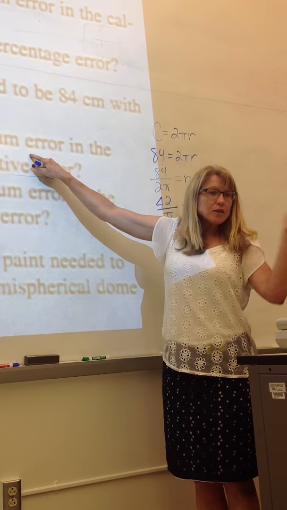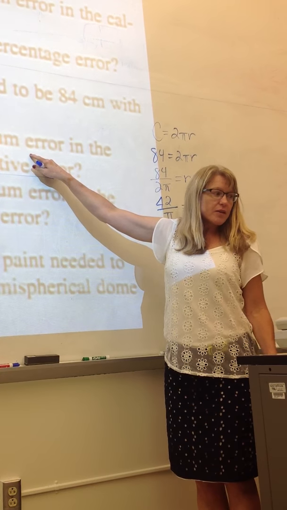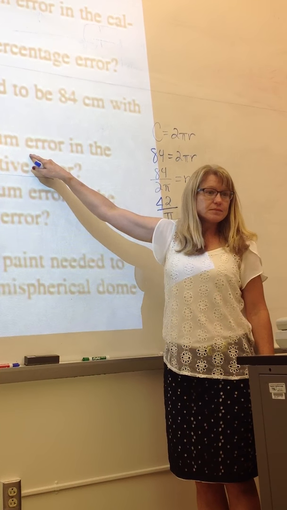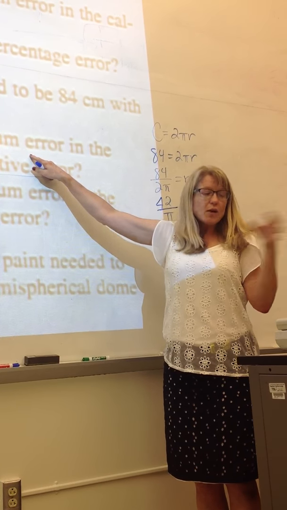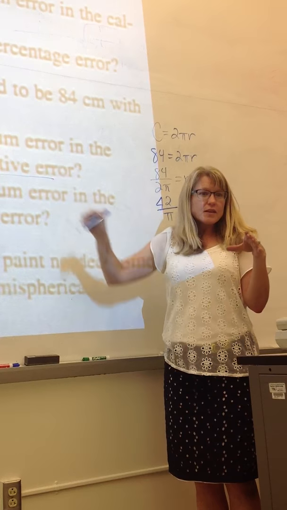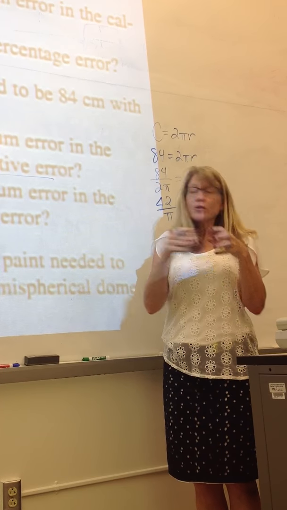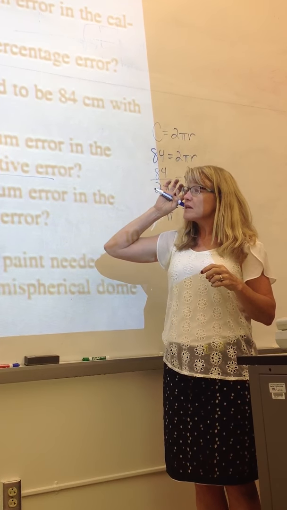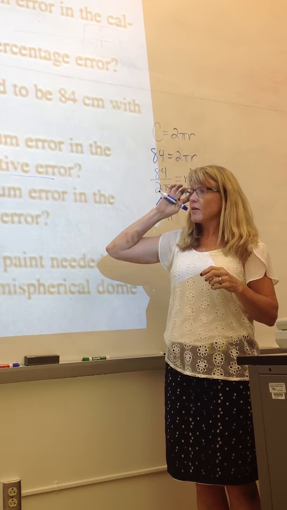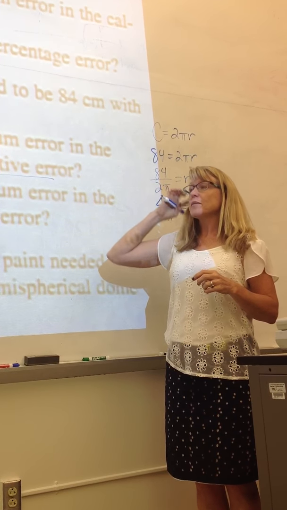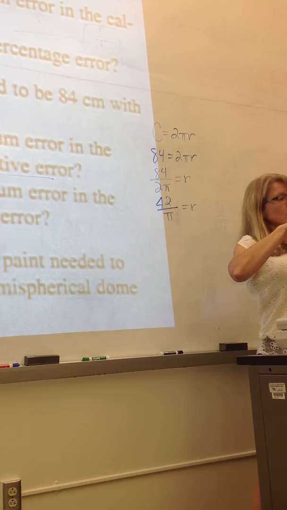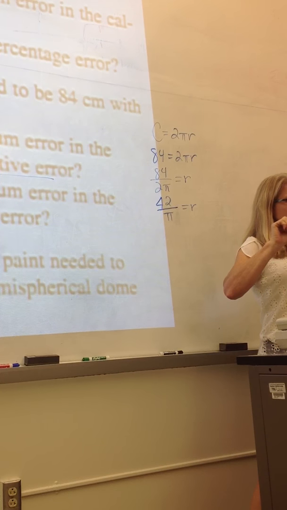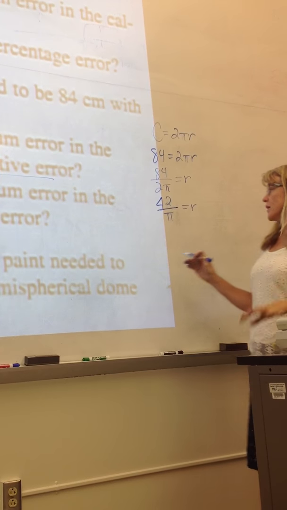So which side do we want to go on the 84? Above it, right? Because if the circumference was slightly smaller, then the surface area is going to be slightly smaller, and they are asking for maximum error. Because surface area is going to be squared, your error is going to be bigger on the higher side. So we don't really need to check both.